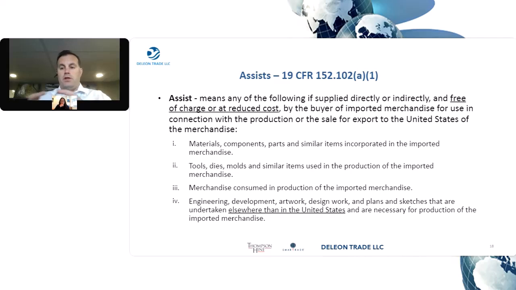And so all the design work necessary to produce the items is occurring outside the U.S. So those dollars spent that are necessary for production now become part of the dutiable value. I've had clients that, when we have this conversation, say, well, I have $50 million a year in engineering that I haven't been declaring, and it's a big deal. And in today's world, any amount of value that you need to add or fail to add is a significant impact with the duties we're dealing with right now.